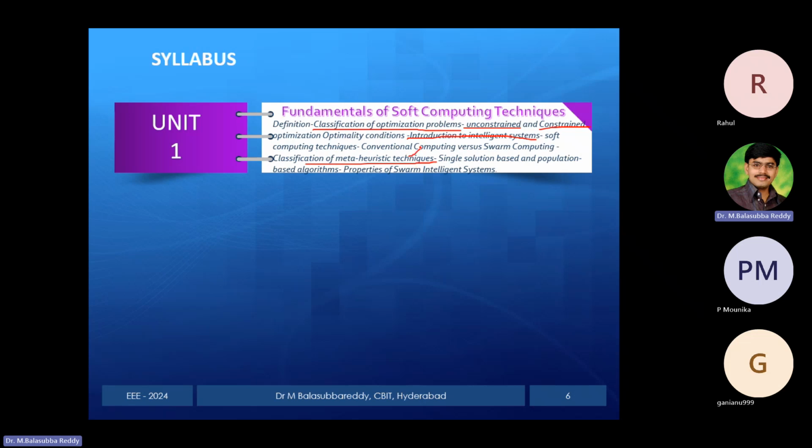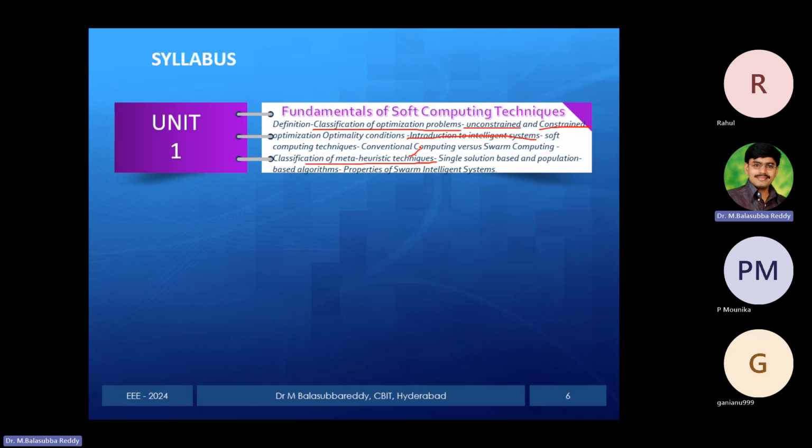Like genetic algorithm, PSO, DE, Cuckoo search algorithm, ABC algorithm, harmony search algorithm. Many more algorithms are there, but as per our syllabus, I mentioned only three algorithms to understand. Once we are able to solve the problem using those algorithms, we can develop any kind of algorithm or hybrid algorithms also to solve our applications in power engineering.